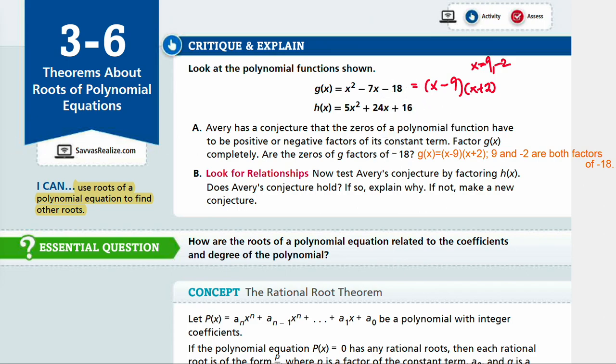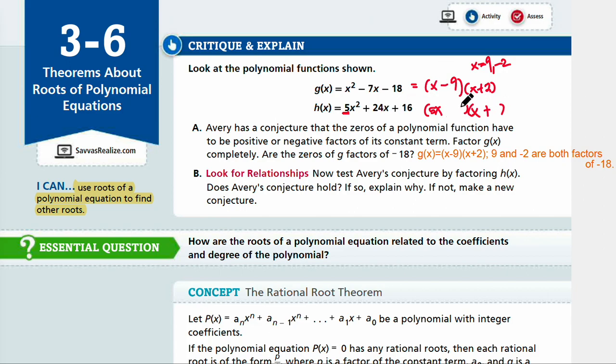So let's factor h of x. Remember, the leading coefficient is 5, so one factor has to be 5x, and another would be just x. Then the constant term would be multiplied by 5, and they have to add up to 24.